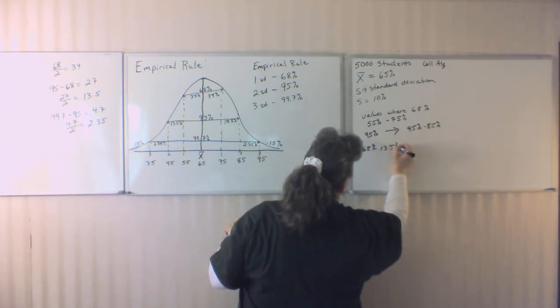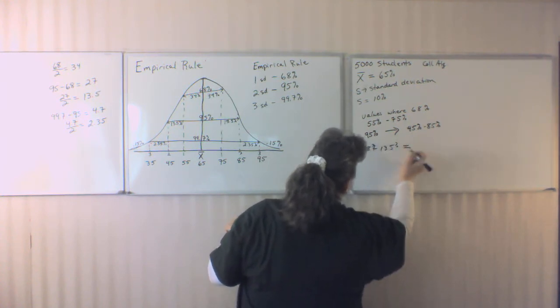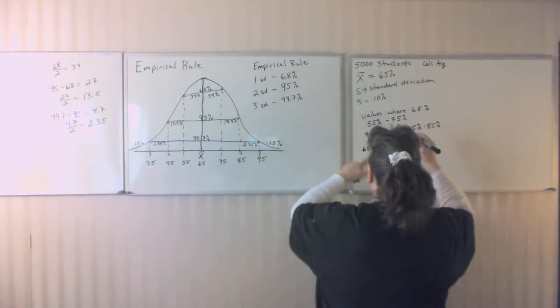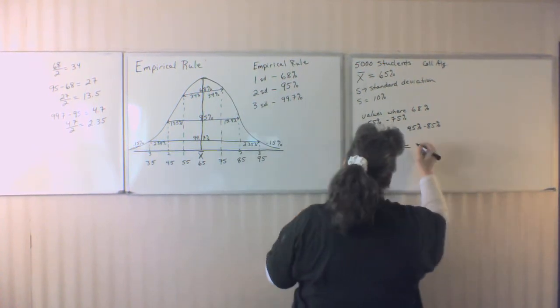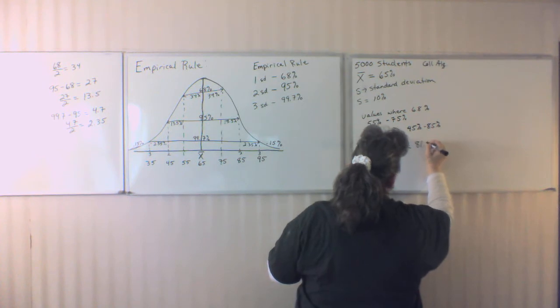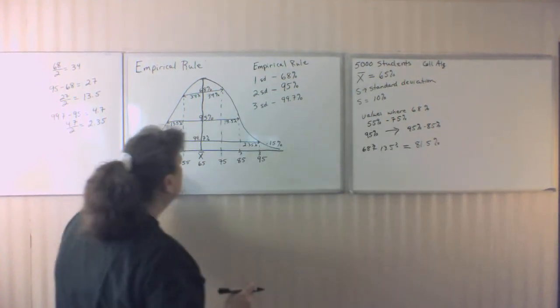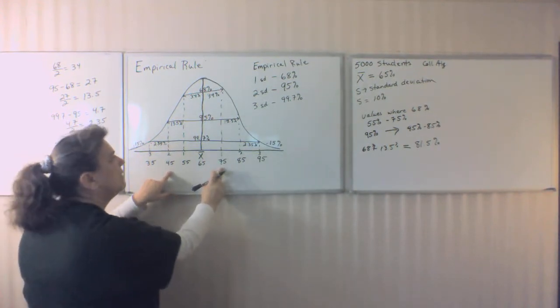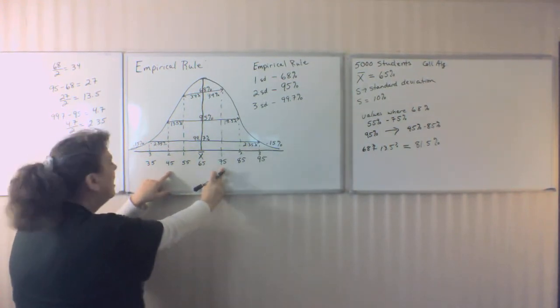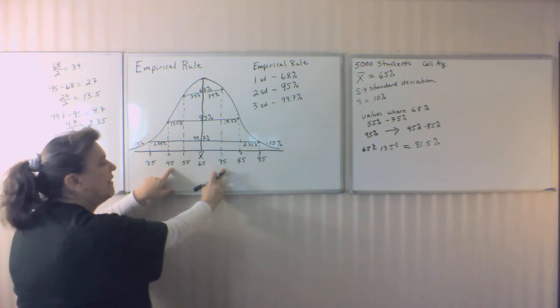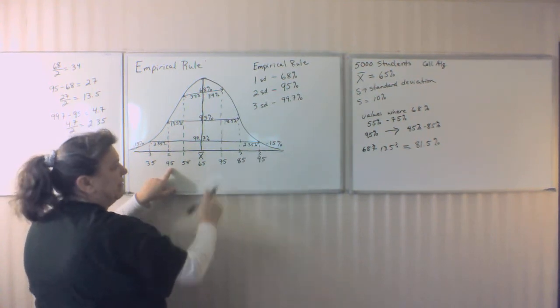And that's going to equal 81.5%. So 81.5% of the student scores lie between 45 and 75.